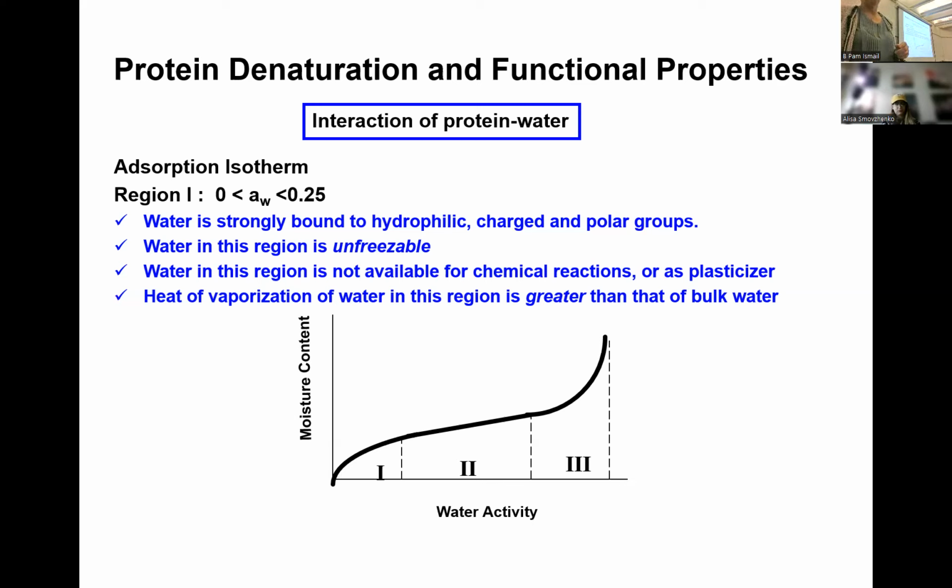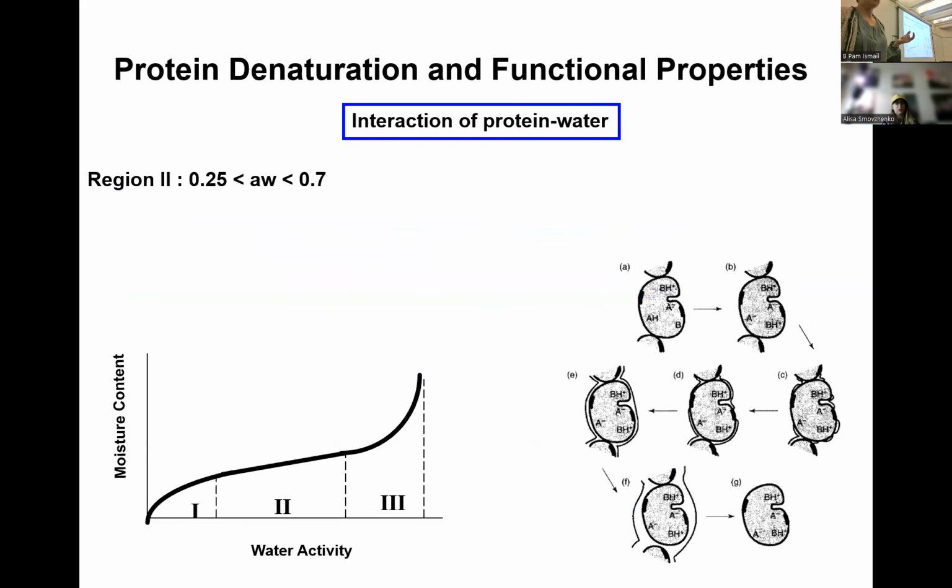So when we say water binding, it is the ability of the water to bind to the protein, or the ability of the protein to bind a large amount of water. Then you have the second region. That's when it starts to form your monolayer and start layering the water.